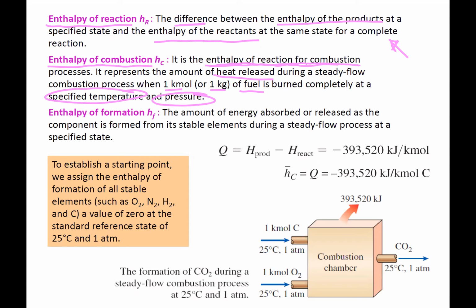So these are very much related, right? But slightly different. Enthalpy of formation is the energy absorbed or released when a component is formed from stable elements. Okay, so the important part is the stable elements.